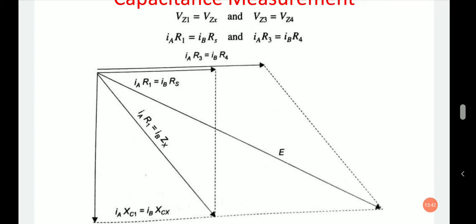If we see the phasor diagram, under the balance condition, we know that the voltage drop across opposite arms of the bridge must be the same in amplitude as well as the same in phase.